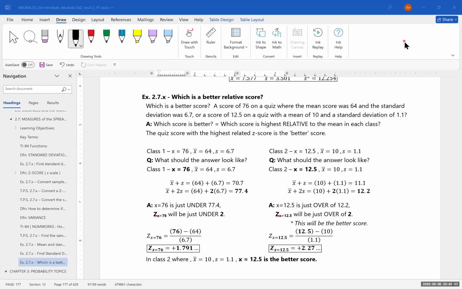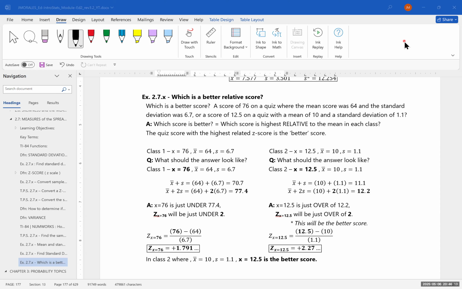All right. This example here is an example of how you can use z-scores in another way. Remember that with a z-score, it's a unitless scale, and so we can take any data that's in any other scale and convert it into a z-score.